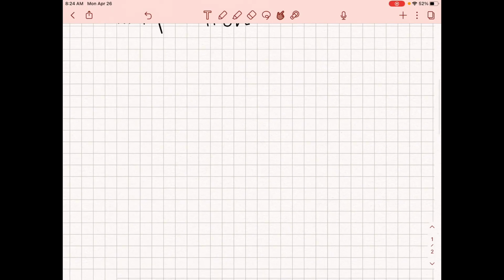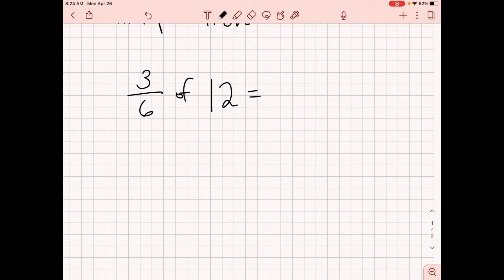This time we're going to try 3/6 of 12. Let's walk through these steps again. First, we're going to rewrite it as 3/6 times 12 wholes. Remember, of means multiply. Now we multiply straight across. 3 times 12.